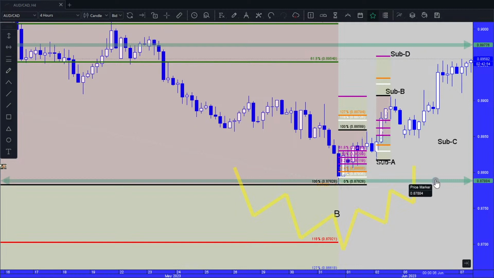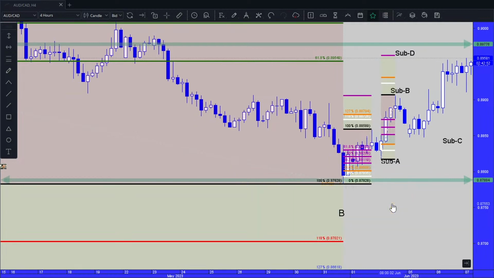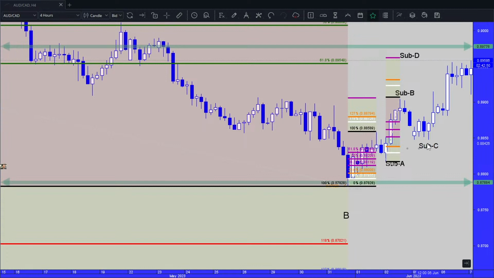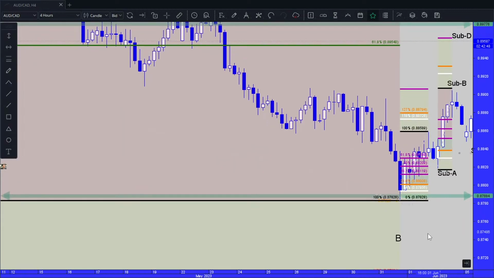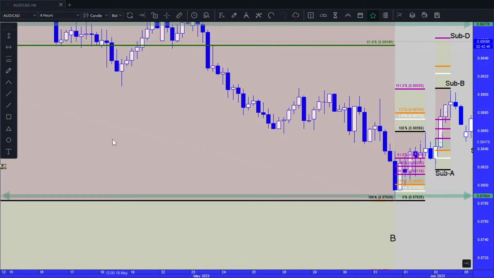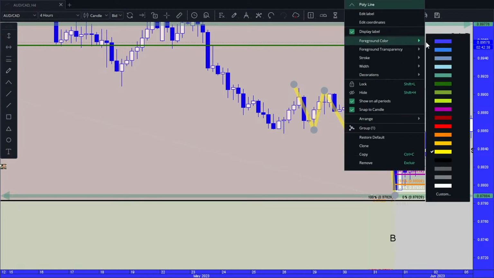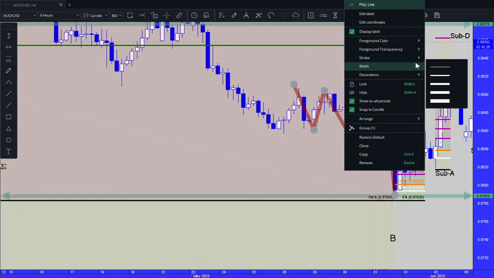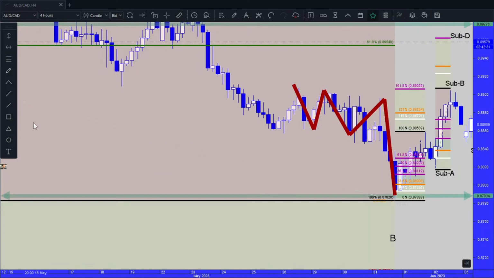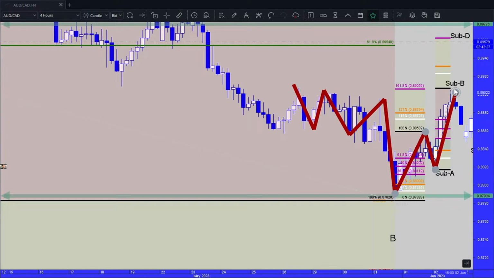Now, how to trade the Contrarian Fibonacci? Simple trading strategy as always, everybody. You don't see the future. Let's go step by step. Do we agree that the market was making lower lows, lower highs, and then the market was making higher highs, higher lows?